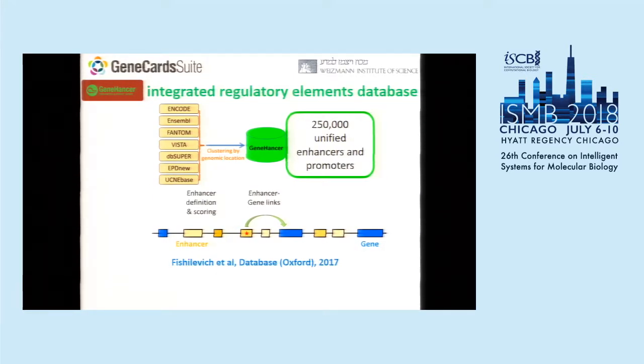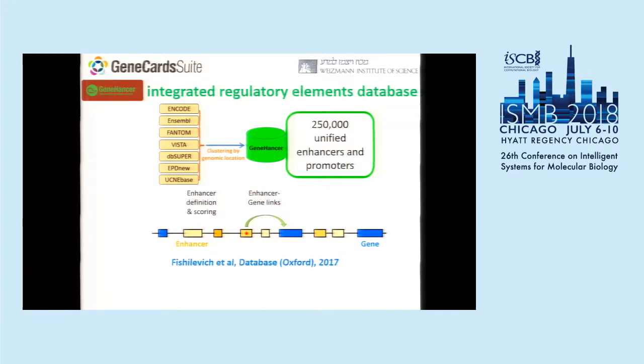Let's talk about GeneHancer. GeneHancer is a project that started just a little over a year ago, about a year and a half ago. And it's an integrated regulatory elements database where there are many databases, each with their own strengths and weaknesses.